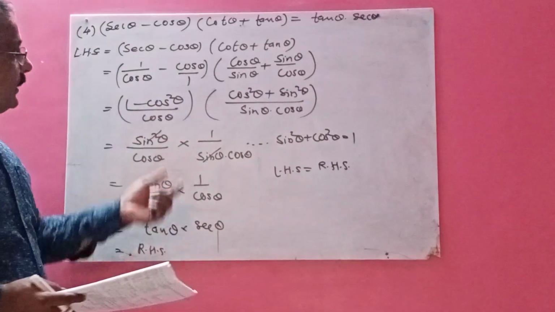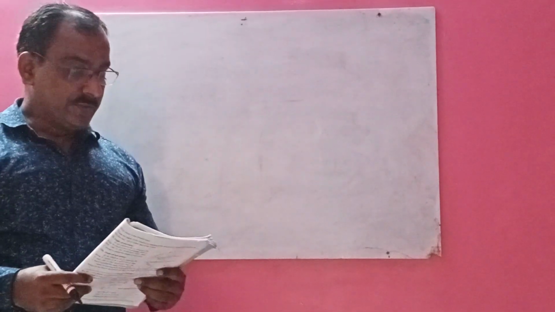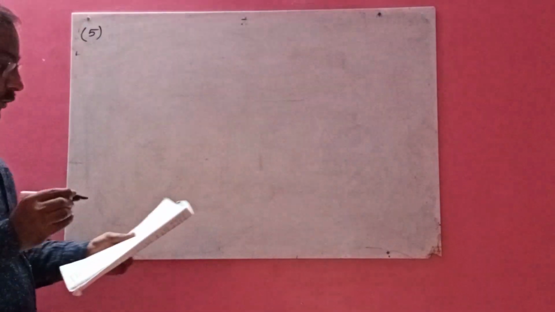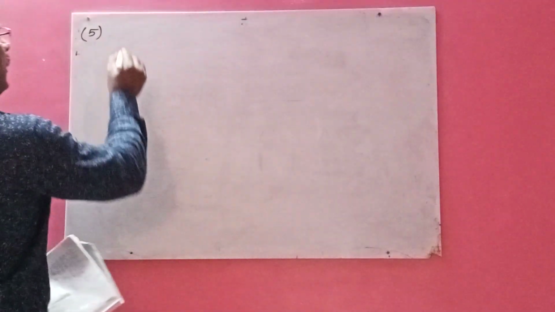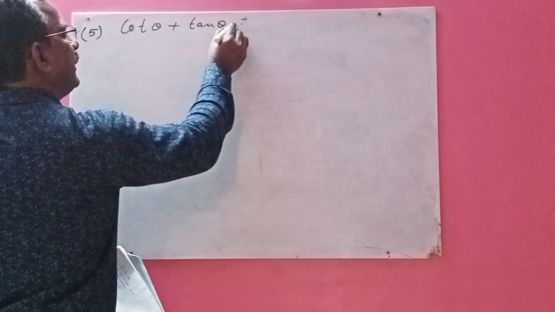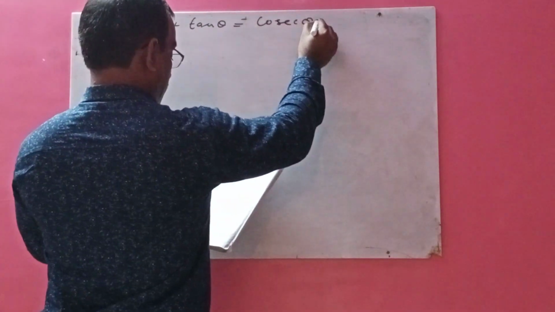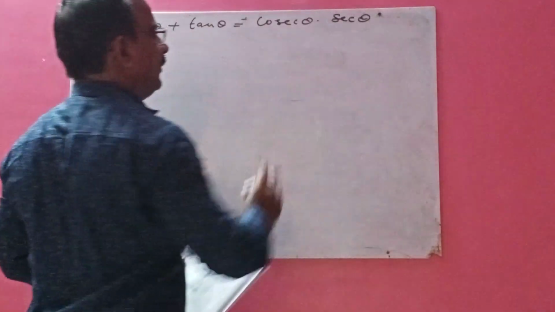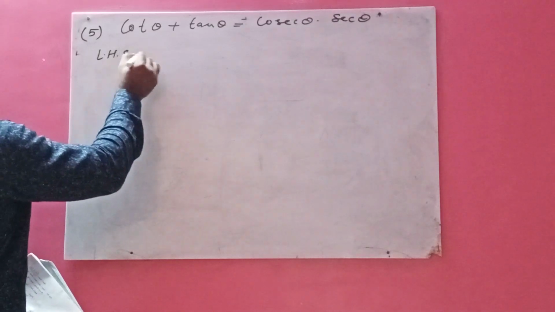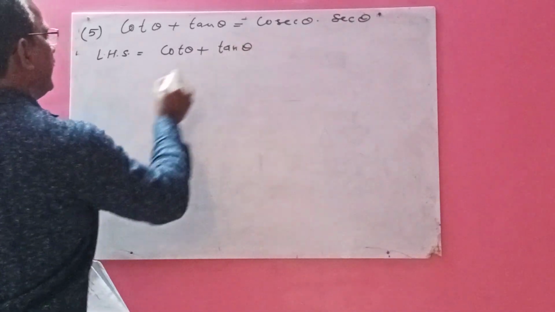And I will do the next sum now. Question number 5. Children, question number 5. See what is given here: cot theta plus tan theta is equal to cosec theta into sec theta. Simple problem, very simple. Take left hand side, cot theta plus tan theta.